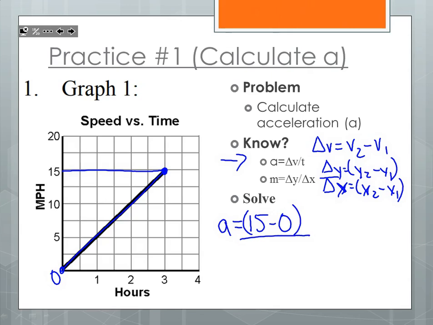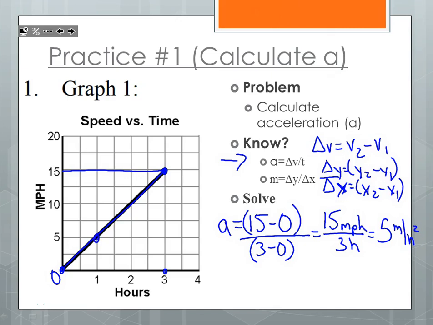All over my time. We finished at 3 hours. We started at 0. So 3 minus 0. So it was 15 miles per hour all over 3 hours. 15 divided by 3 is going to be 5 miles per hour squared. Pretty simple. If you wanted to do it the other way and find the slope, you are more than willing to.